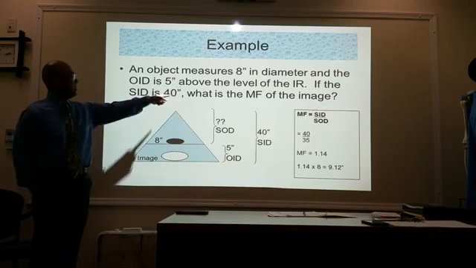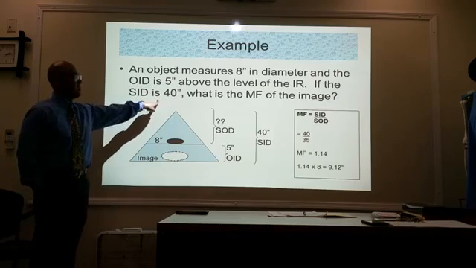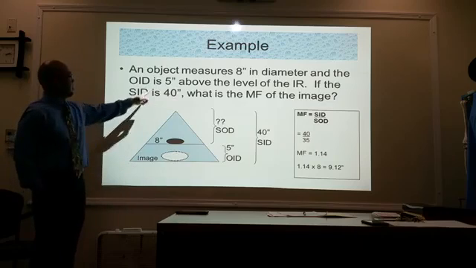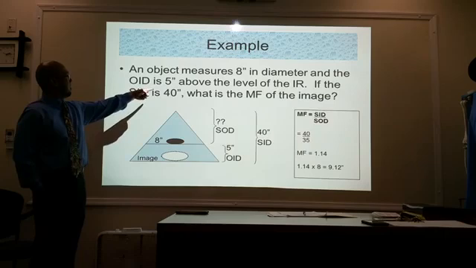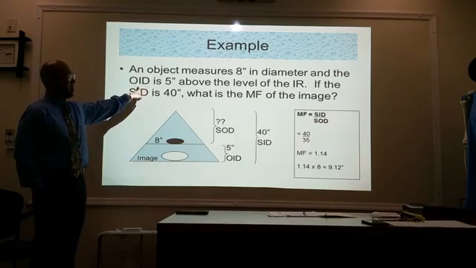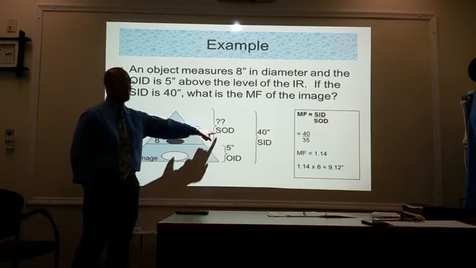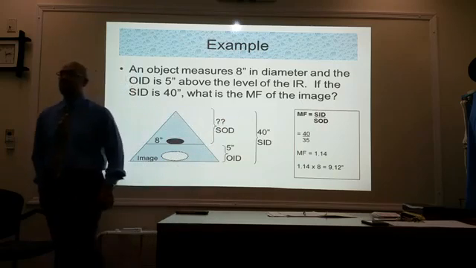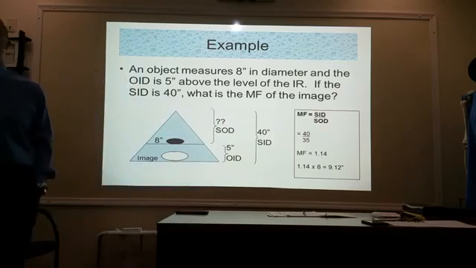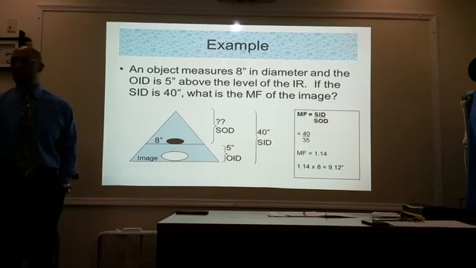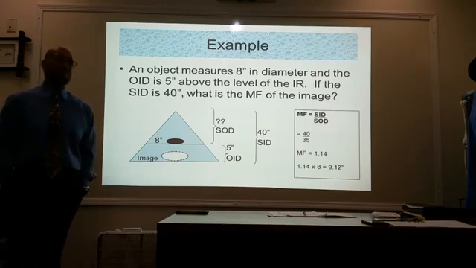SID is 40 inches. What's SOD? We got OID, right? So minus 5. 40 minus 5 is going to give us SOD. Let's plug that in: SID over SOD, 40 divided by 35 is 1.14. That's my magnification factor.